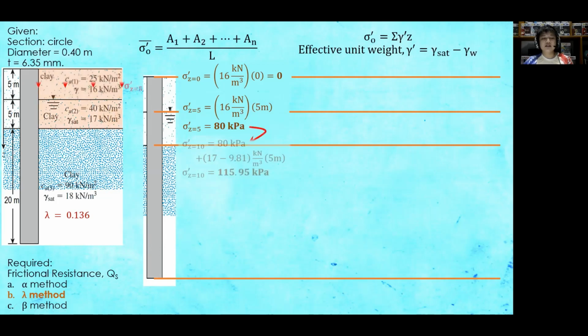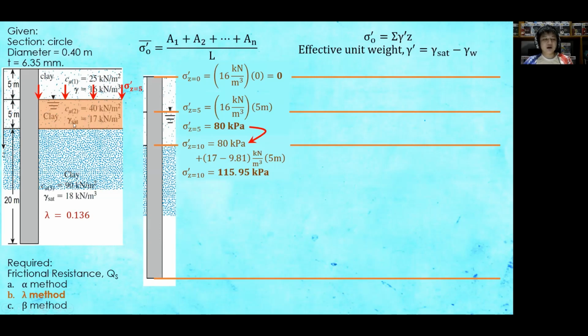Next, at Z equal to 10 meters, the sigma O prime is equal to the weight at Z equal to 5, or the weight above. So which is 80 kilopascals plus the effective unit weight for the second segment.